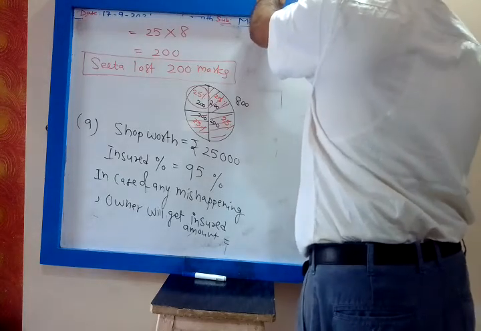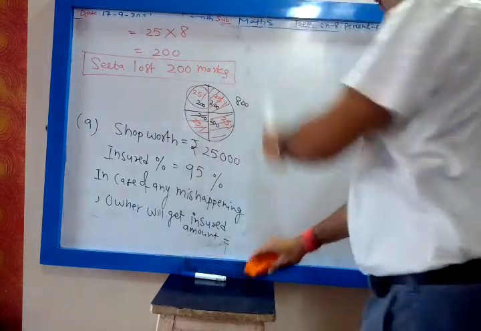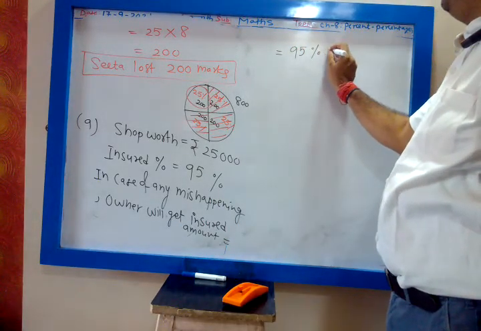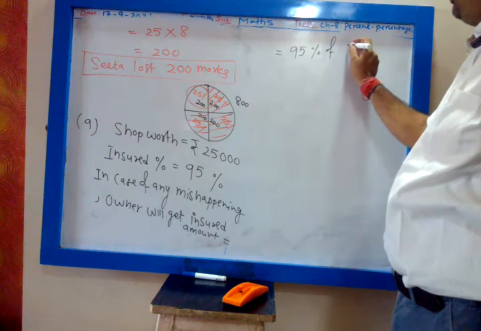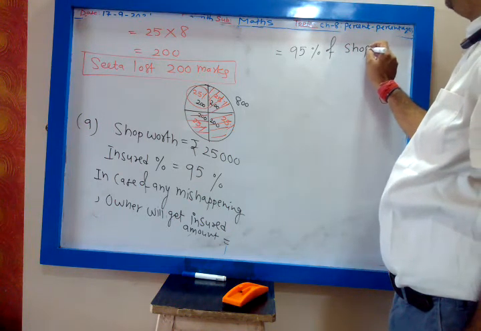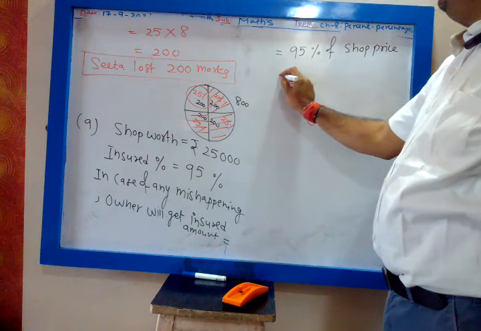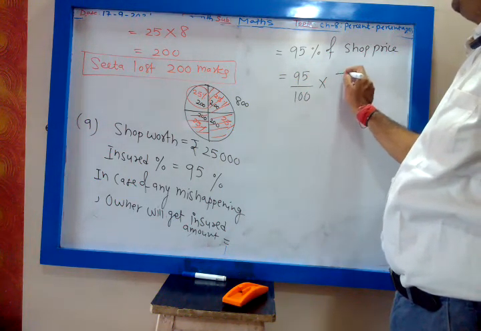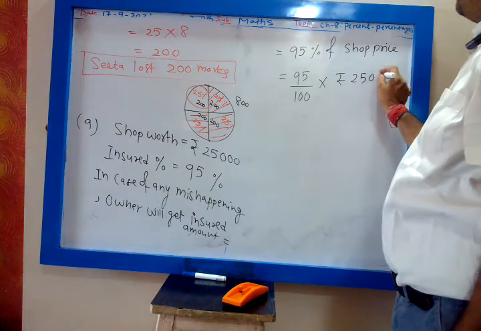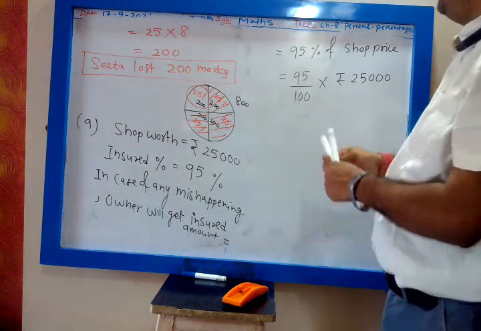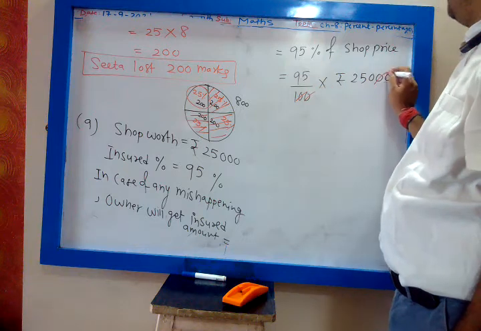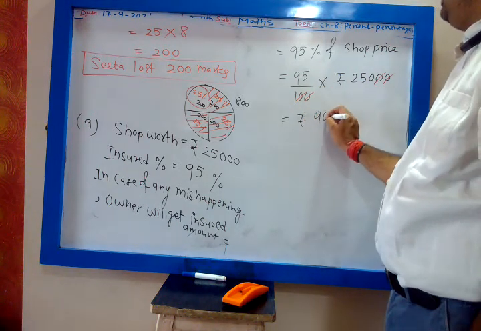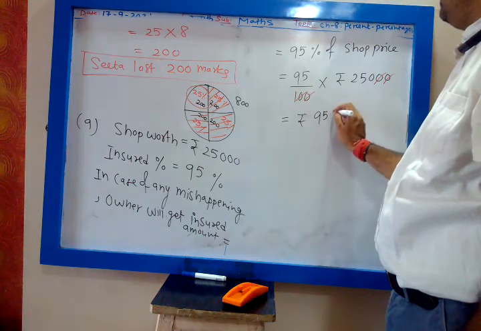So that will be 95% of the shop price. 95% means 95 upon 100 into the shop price, 25,000. Cancel two zeros. So that is 95 into 250 rupees.